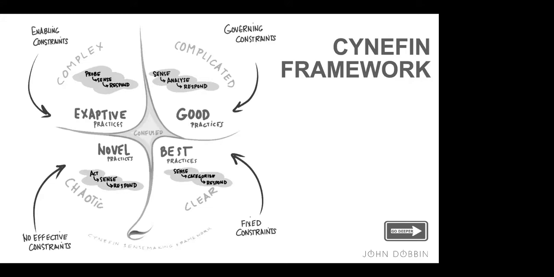So starting on the bottom right-hand corner in the clear domain, what that's really saying is that it's a very simple problem, a very obvious problem. We can understand this through the idea of causality. If we do something with a system that belongs in that domain, we should know exactly what that system would do.